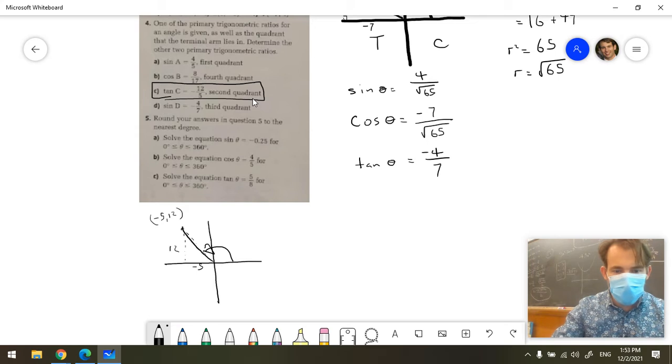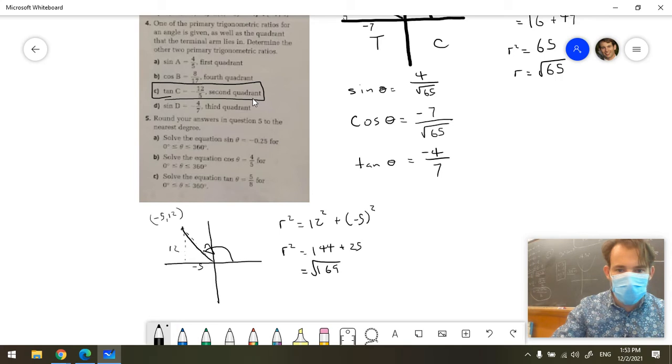Let's find the radius here. R squared is equal to 12 squared plus negative 5 squared. So r is obviously 13. If it's not obvious to you, I'll show you. R squared is equal to 144 plus 25, which is 169.